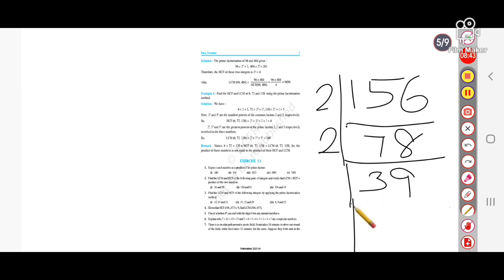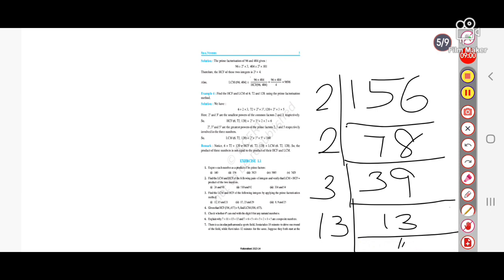Now 39 cannot be divided by 2, so in order to go to the next value 3, we get 13. Then 13 only divides by 13 alone, so we get the output 1.